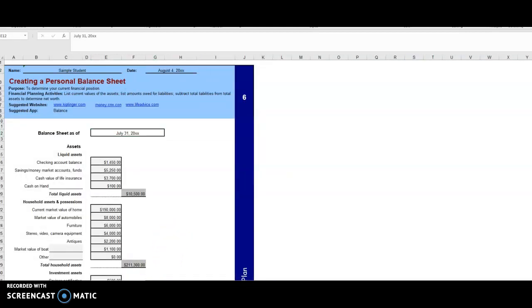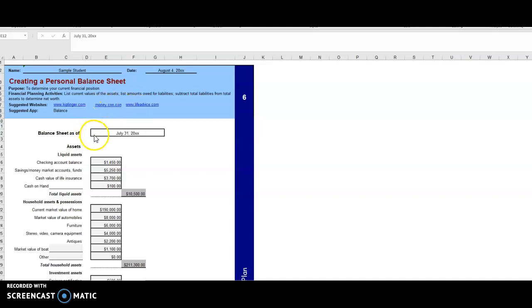So the first financial statement you'll complete is the personal balance sheet. The balance sheet is simply a record of what you have financial interest or financial control over, as well as your liabilities, things that you owe, in order to determine your net worth.